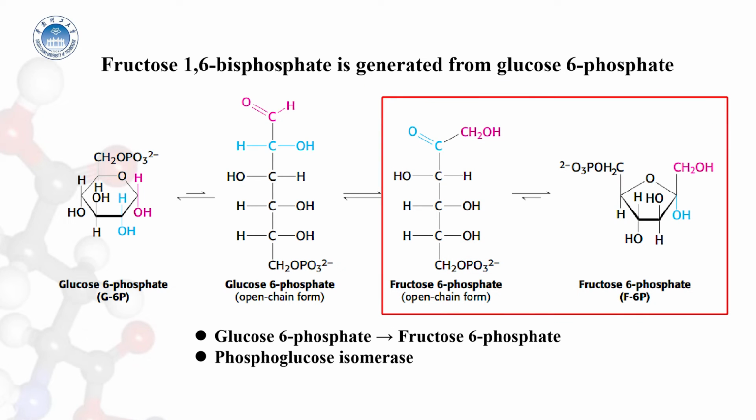The enzyme must first open the 6-membered ring of glucose 6-phosphate, catalyze the isomerization, and then promote the formation of the 5-membered ring of fructose 6-phosphate.